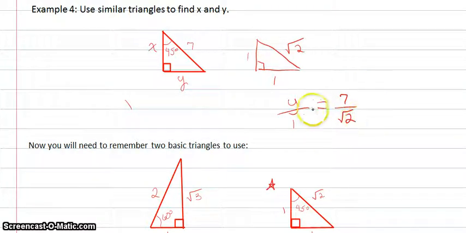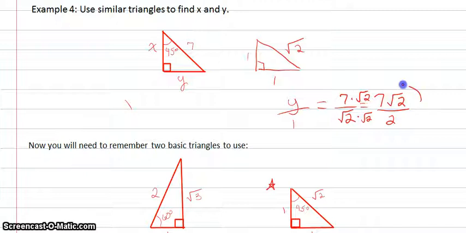And then I could say y equals 7 over the square root of 2 since it's over 1. But you need to make sure that you rationalize your denominator. So this would be the square root of 2 times 7, and then 2 on the bottom, because I'd be multiplying the square root of 2 on top and bottom. So this is how you'd want to write your answer.